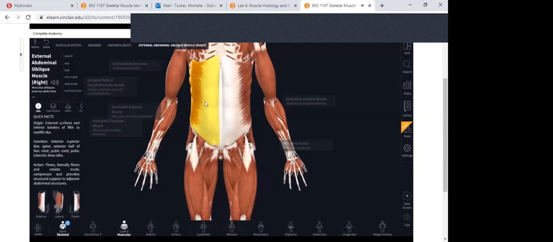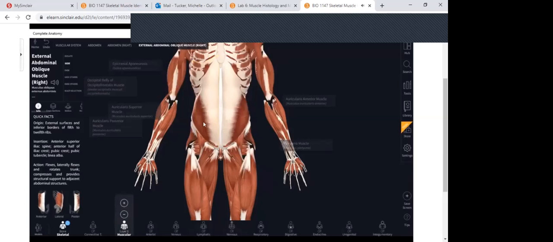We have the external obliques, which form this V shape. We have internal obliques that run up to make a point.